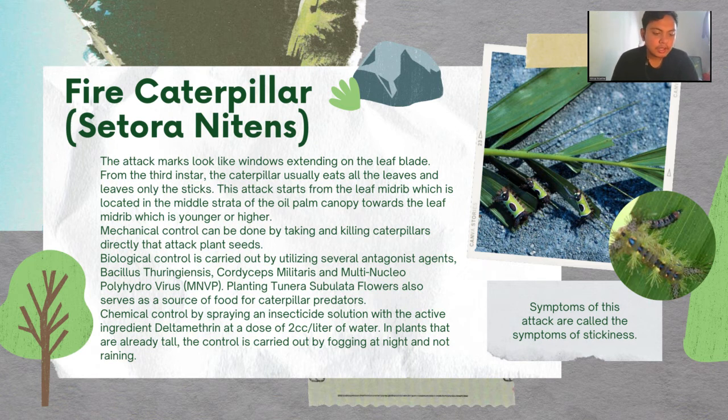Chemical control is by spraying an insecticide solution with the active ingredient deltamethrin at a dose of 2 cc per liter of water. In plants that are already tall, the control is carried out by fogging at night when it is not raining.